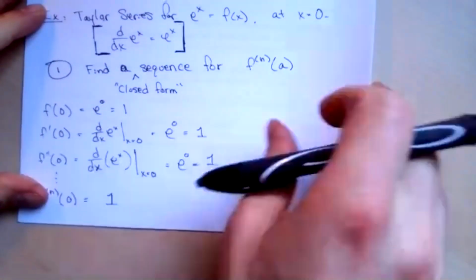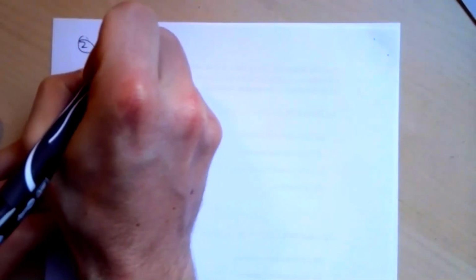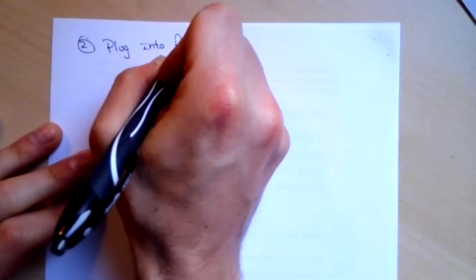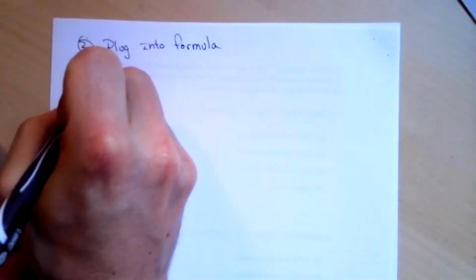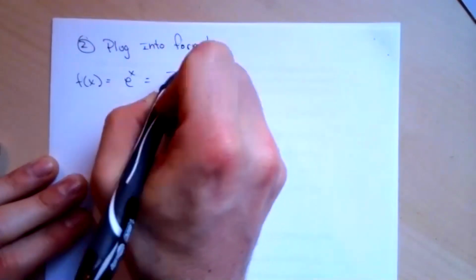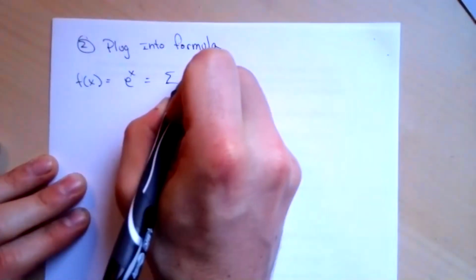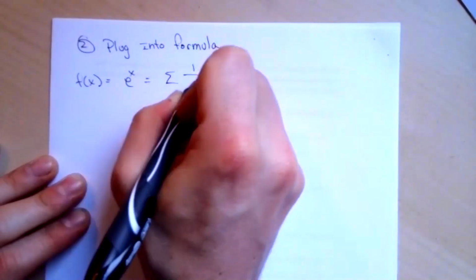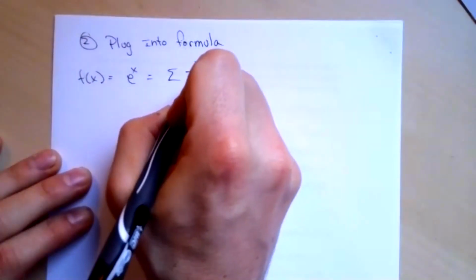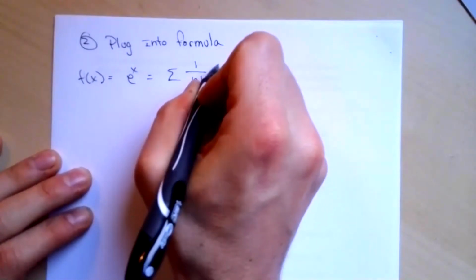And then our step 2 is to plug it into the formula. So now we have that f of x is e to the x, the sum of the nth derivative evaluated at 0, which is always 1, divided by n factorial, times x to the n.